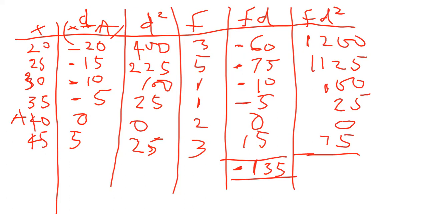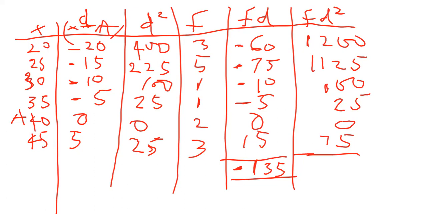Look at that one. There's a minus 10, there's minus 5. Minus 10 minus 5 is minus 15. Plus 15, then it's gone. So minus 60 plus minus 75 is minus 135. Is it clear? Okay, yes.